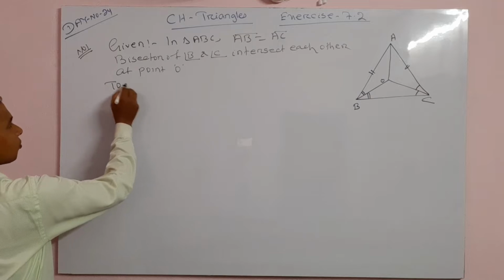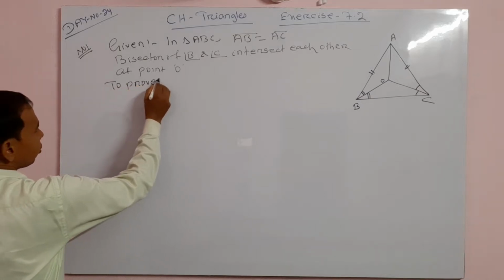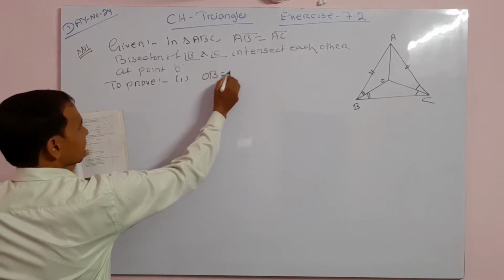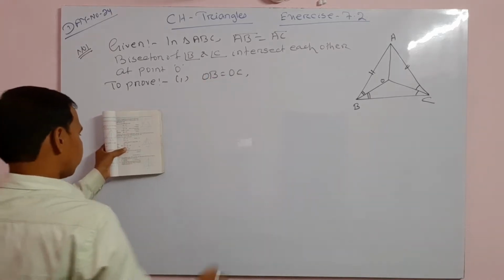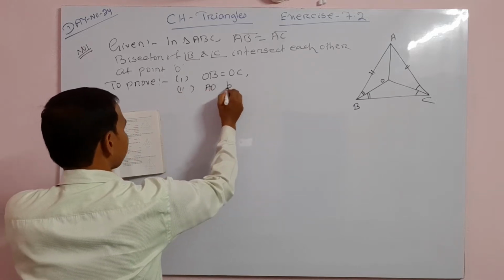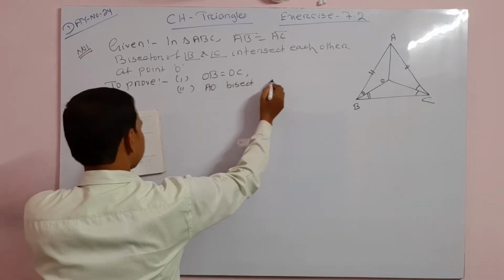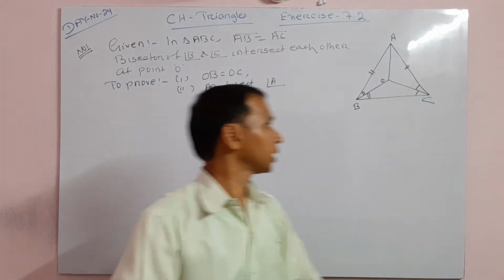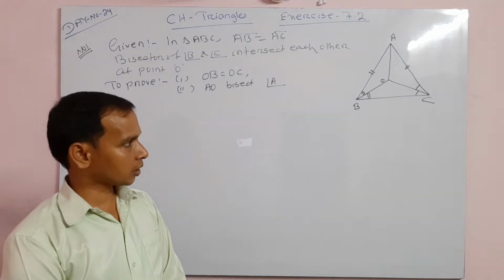Then to prove: the first bit, OB is equal with OC, and second bit, AO bisect A angle. Understand this? Okay.